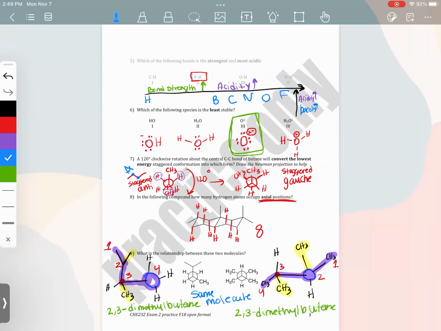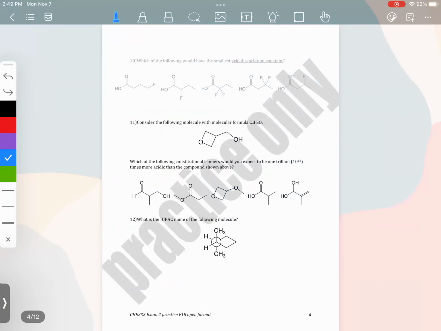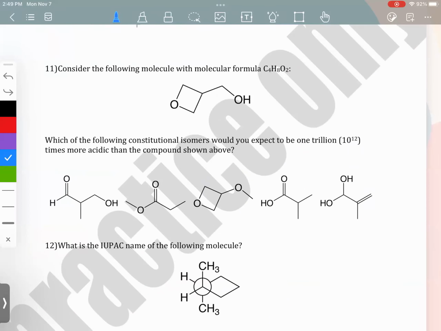All right, next question. Question kind of faded, so we'll do it. It says, consider the following molecule with the molecular formula C4H8O2.